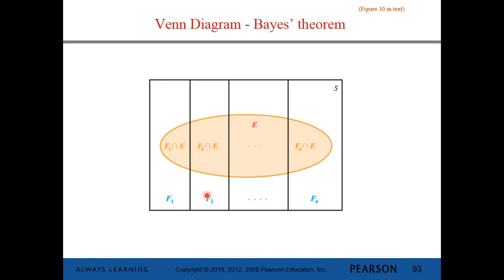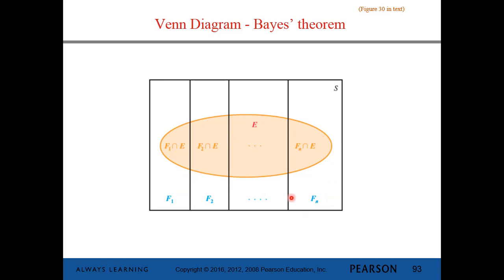Well, in this case, Bayes' theorem is what we want to use, because we're going to take the total probability of E by saying I want the probability of E given F1 plus the probability of E given F2, the probability of E given yada yada yada, all the way to the probability of E given F sub n. So that's going to give me my denominator.